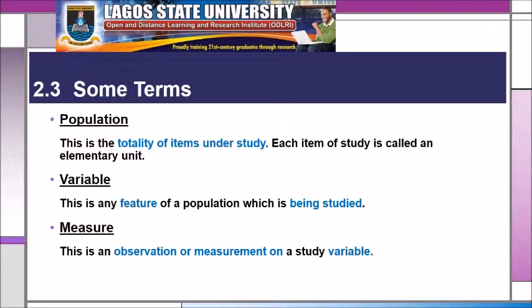That is, when you have a variable and you observe it with a view to recording your observation or measuring that feature of the variable, then you have what you call a measure. And it is this measure on variable that eventually give rise to what we call data.